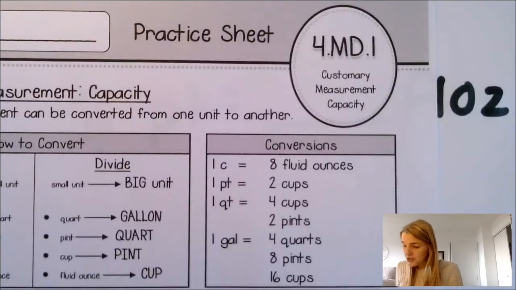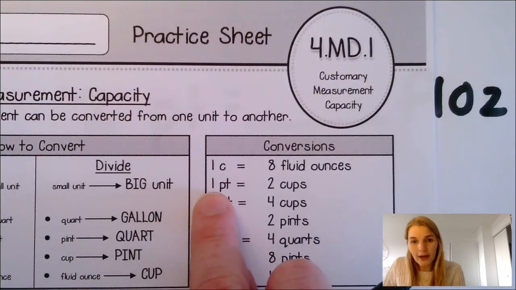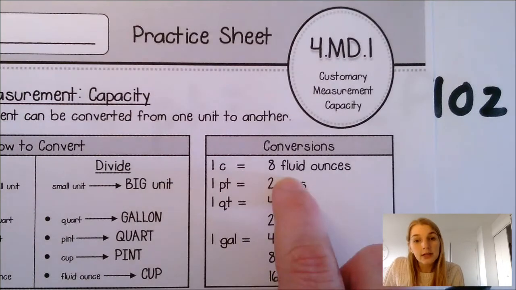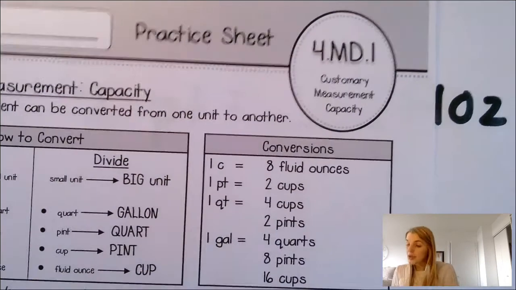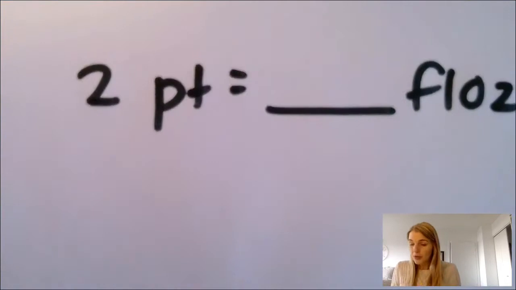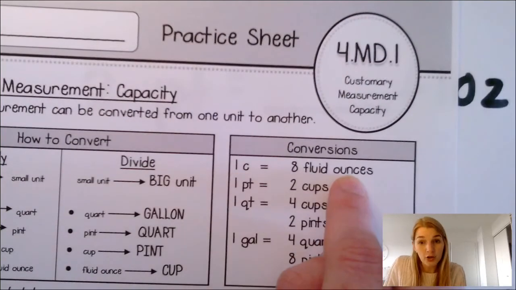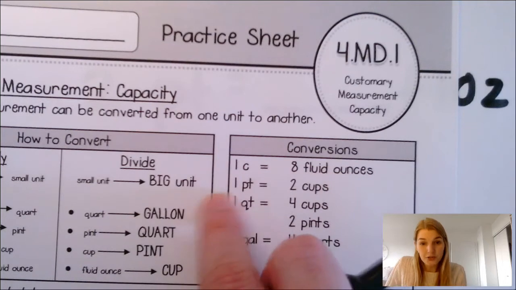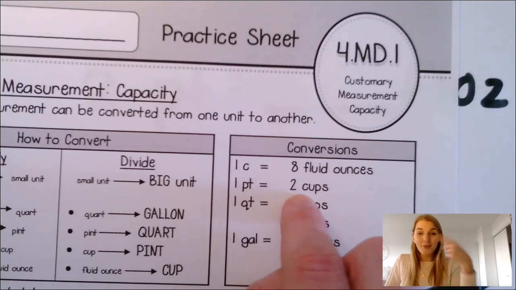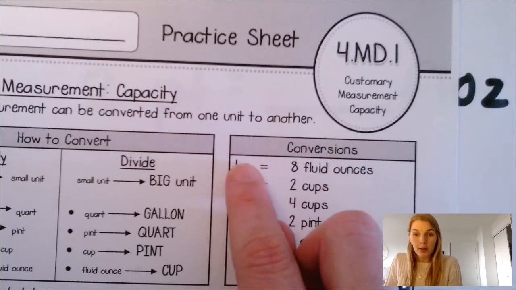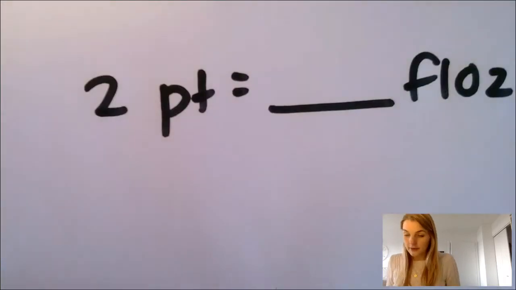So what I have to do first is I need to go from pints, what I have here, to cups. So let's do that first. The reason we're going to do that is because I do see here that cups go to fluid ounces. So first I'll go from pint to cups, and then my second step will be going from cups to fluid ounces. So let's try that together.